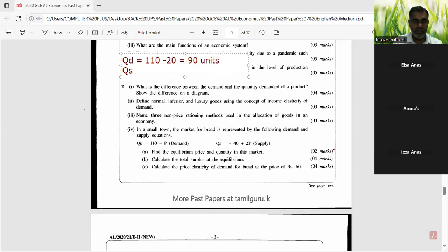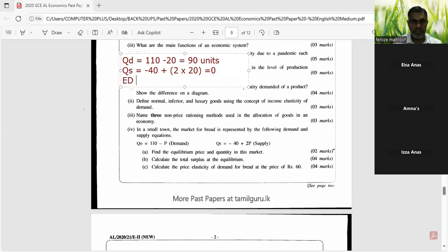Similarly, when you calculate QS, minus 40 plus 2 into 20. 2 into 20 is 40, 40 minus 40 is 0.